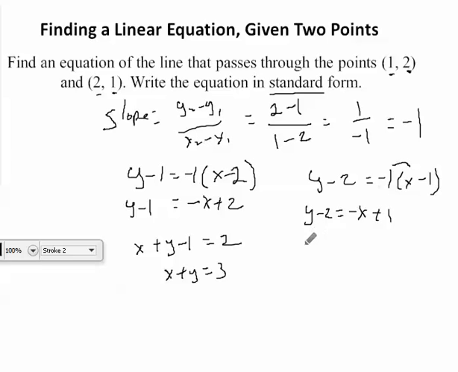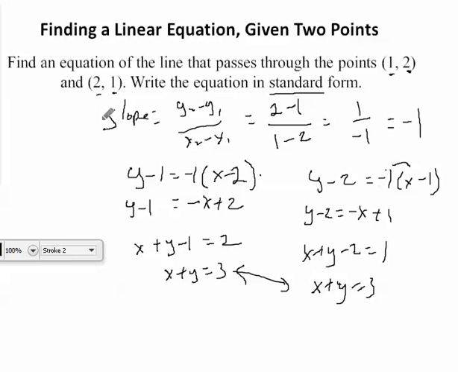Add the x to both sides. X plus y minus 2 is equal to 1. Add the 2 to both sides. X plus y equals 3. I got the same answer, didn't I? So it didn't matter which point I used to start off with the point slope form. Getting it into standard form wound up with the same answer. Okay?